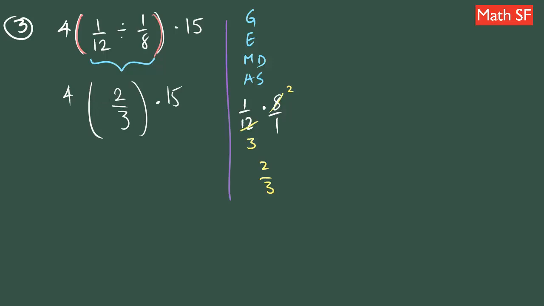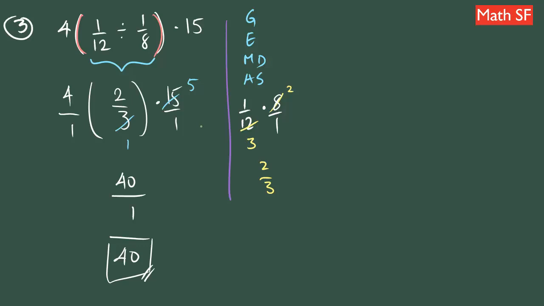Now, this will be the most preferred way, since you can put everything over 1, like 15 over 1 and 4 over 1. So here you can simplify. 3 goes into here once, 3 goes into here 5 times. So now you can multiply all of them. 4 times 2 is 8, times 5 is going to be 40. 40 over 1, which is just 40.